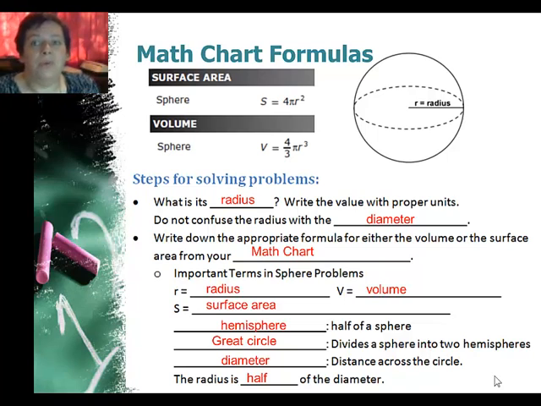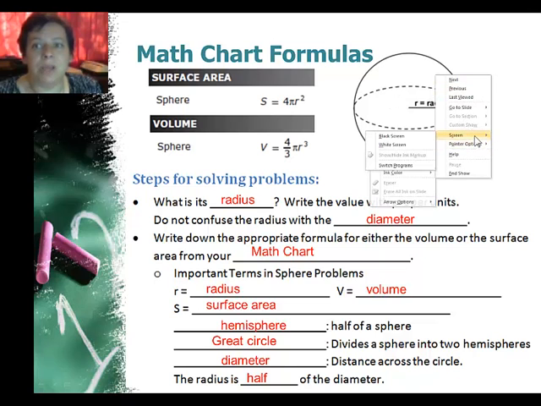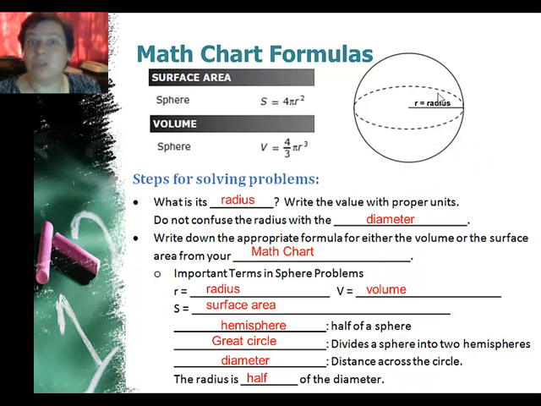So the great circle is the circle that divides a sphere into two hemispheres. On a planetary basis, you could say that would be the equator, which I've been to, by the way. So the great circle would be this part right here. The diameter is the distance all the way across the circle, and the radius is just half of the diameter.